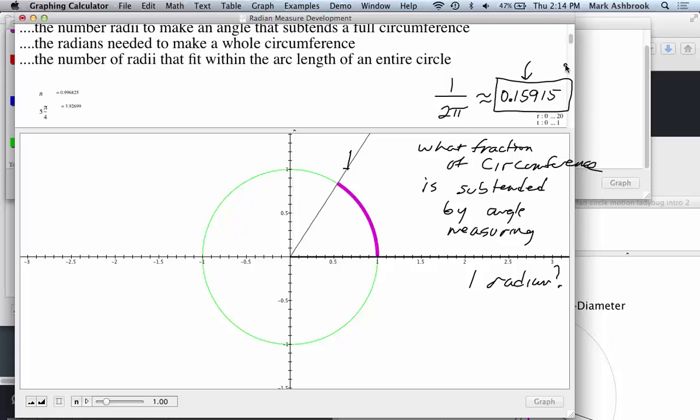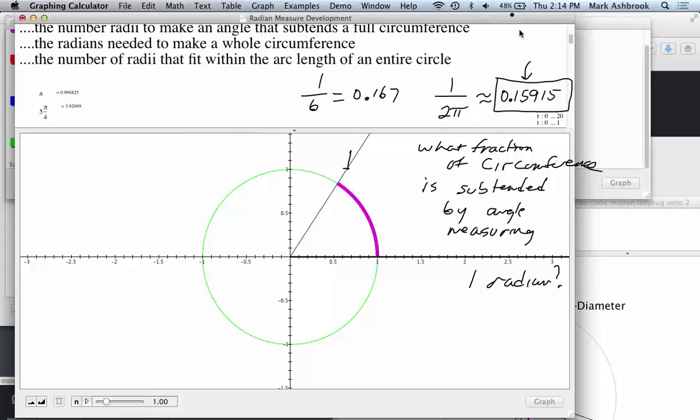A little bit. Is this 1/6 of the circle? I think 1/6 is 0.167. Yeah, okay, so it's saying that it represents a little bit less than 1/6 of the circle.